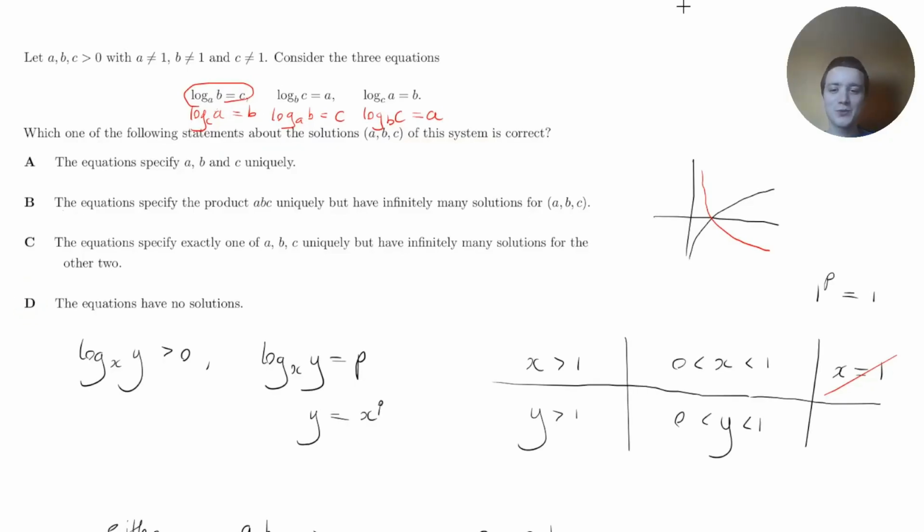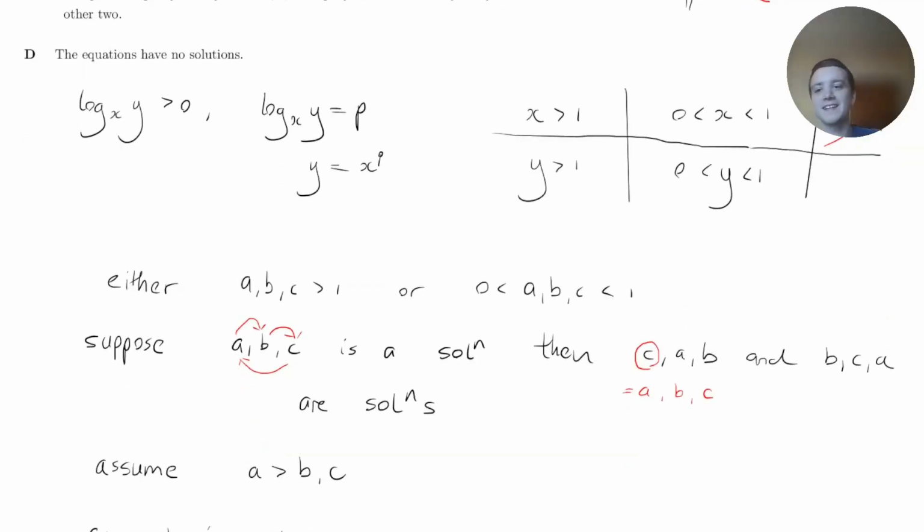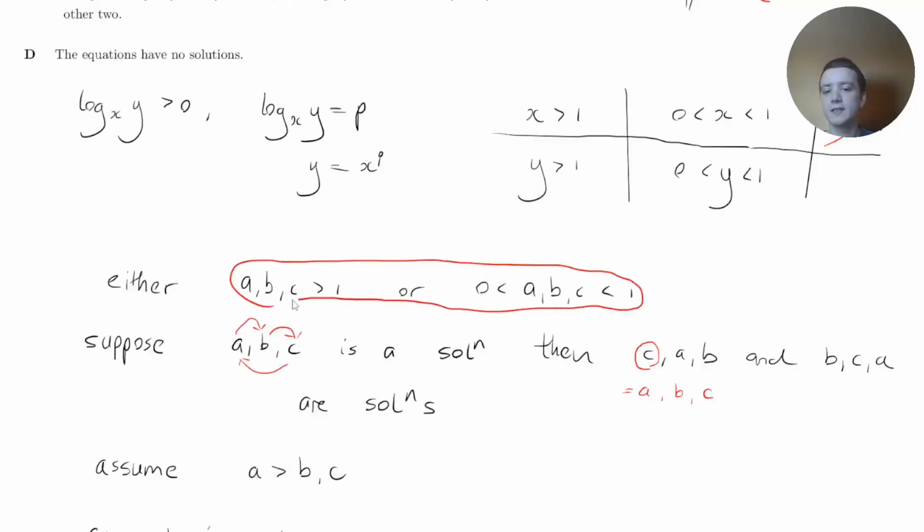Okay, so this was quite convoluted, but we did get there in the end. I do want to stress that there are lots of different ways we could have got this contradiction at the end. The real important thing is to realize that A, B, and C have to be on the same side of 1, and then use this to look at the two different cases and set up some inequalities.